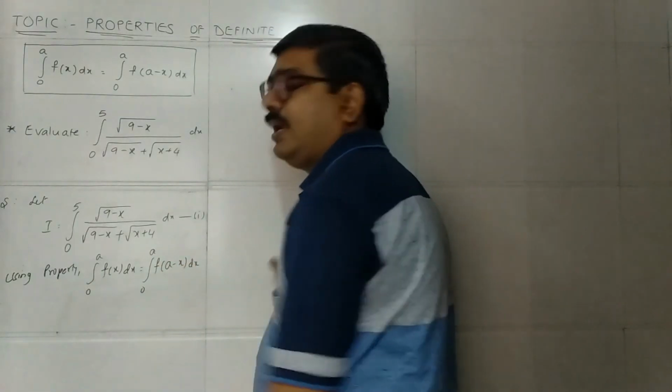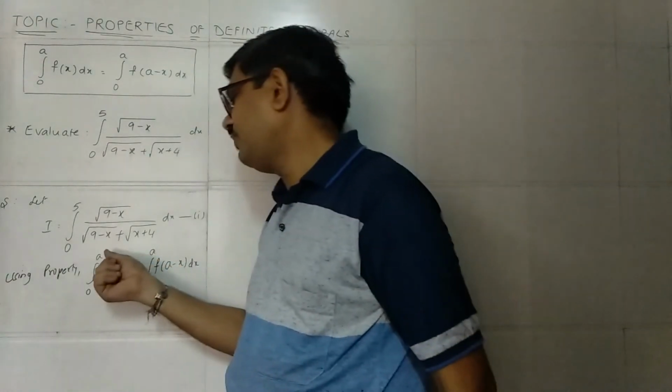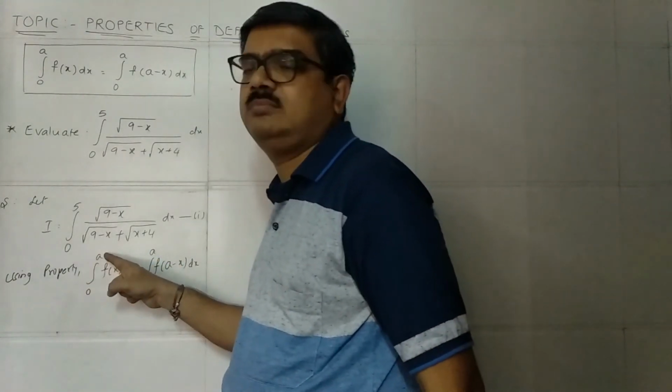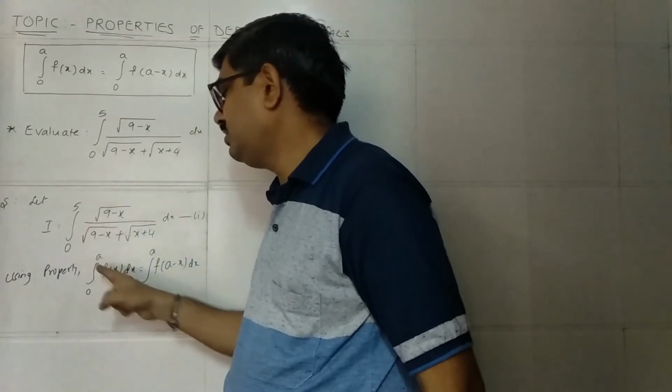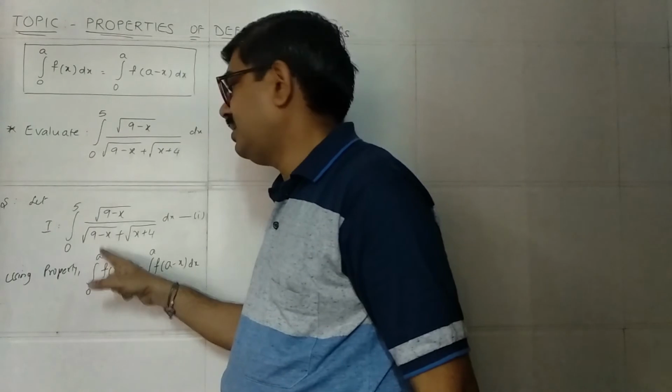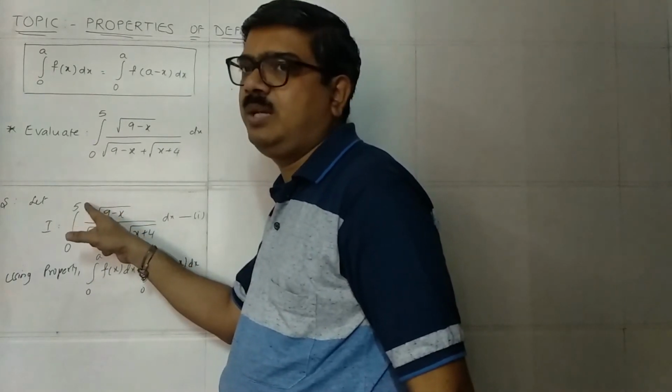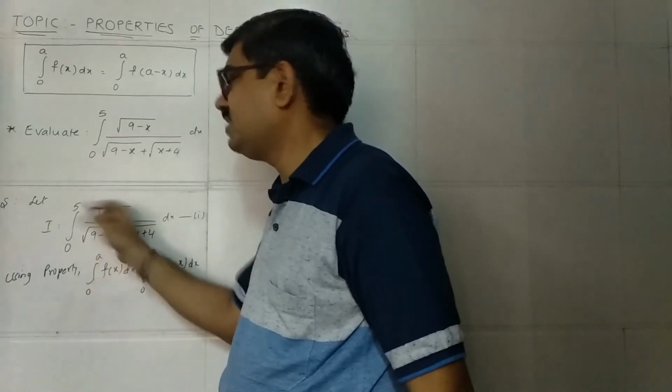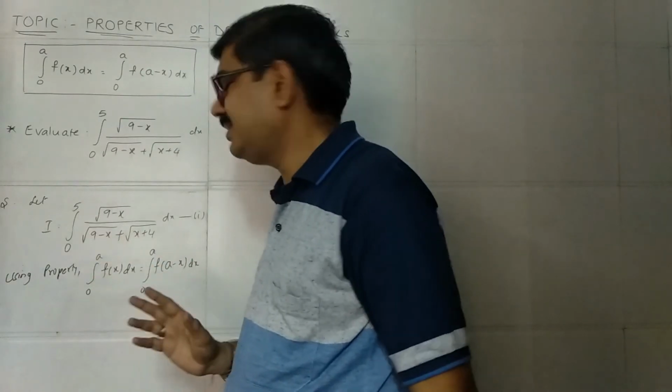How can you apply this property? First of all, compare the upper limit of the given integral with the property. In the property the upper limit is a, and in the given integral the upper limit is 5. So the value of a is 5 here, and the lower limit is always 0.